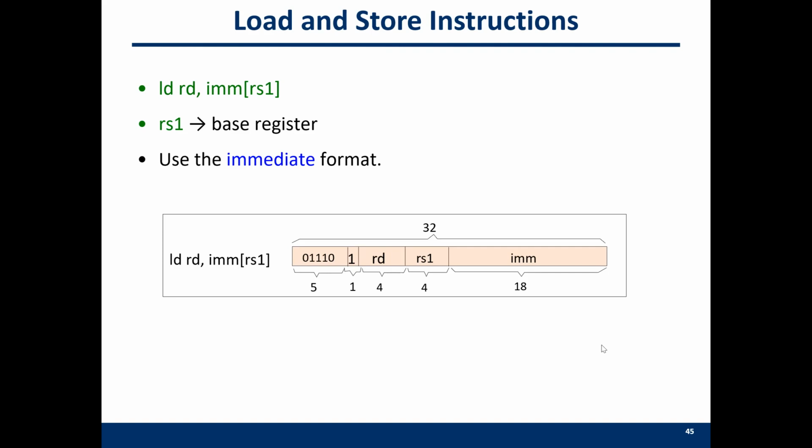So when we encode load, the offset is, of course, an immediate data. So we need two registers. One is the destination, another one is for base.